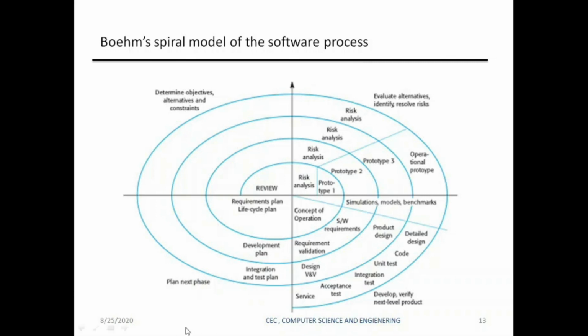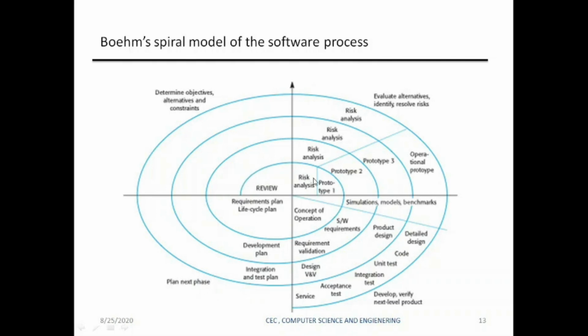So in the spiral model you can see each phase is divided into 4 sectors. One is objective setting, the second is risk assessment and reduction, the third is development and validation, and the fourth is planning. Don't get confused by this.